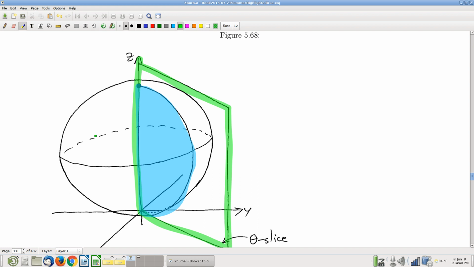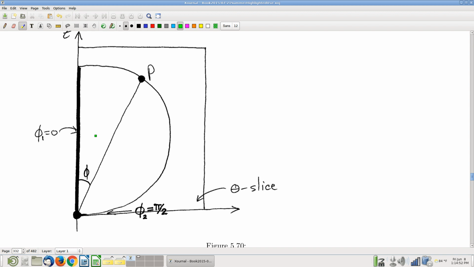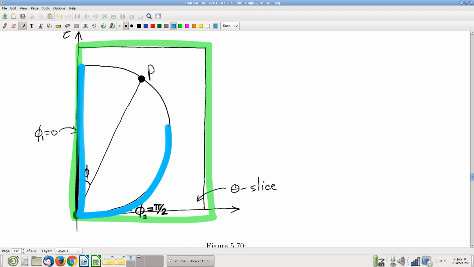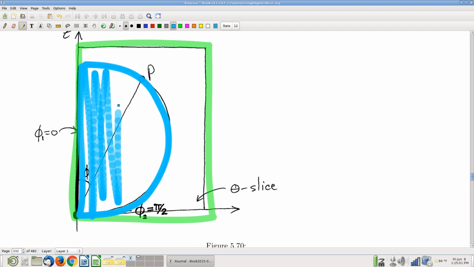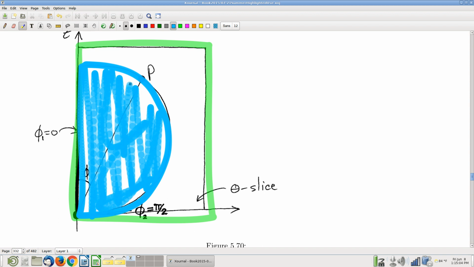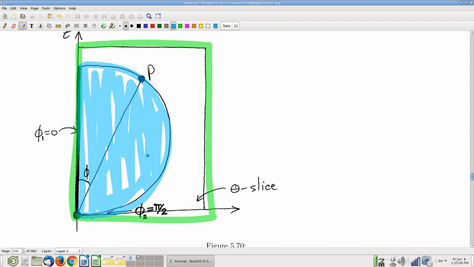So I think it's a good idea, unless you're really rock solid sure that you have a great picture in your mind of what you're looking at, to redraw the theta slice. So this is that same theta slice. Here's what that cross section is. It's this half disc. And it's just easier to see what's going on here. You start drawing various different values of phi. There's phi equals 0.